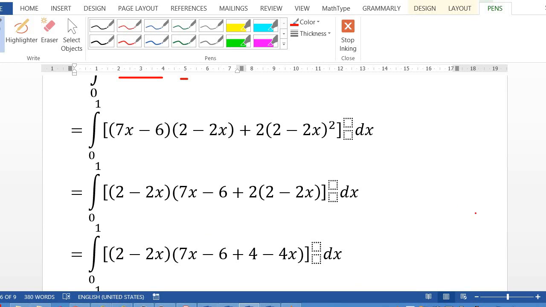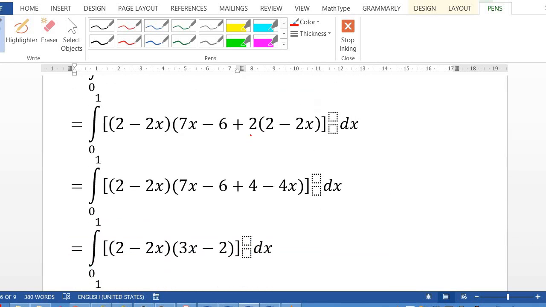And then if you're lazy to expand, you may just use your scientific calculator to evaluate from this line. Or you may expand it. Notice you have 2 minus 2x, 2 minus 2x. So I factor out 2 minus 2x, bracket, multiply 7x minus 6 for the second term, have 2 times one more 2 minus 2x. And then expand the second term here.